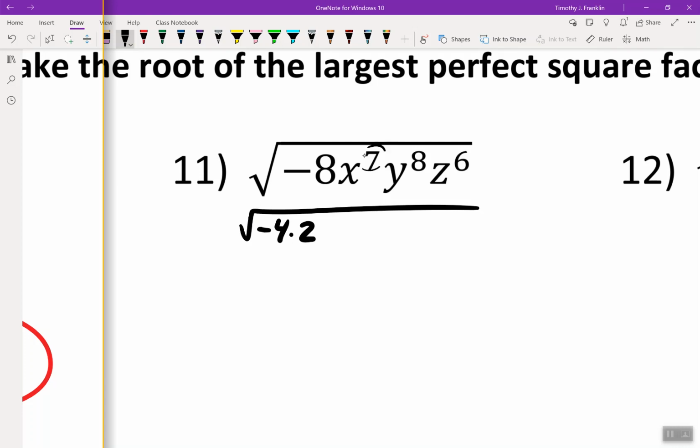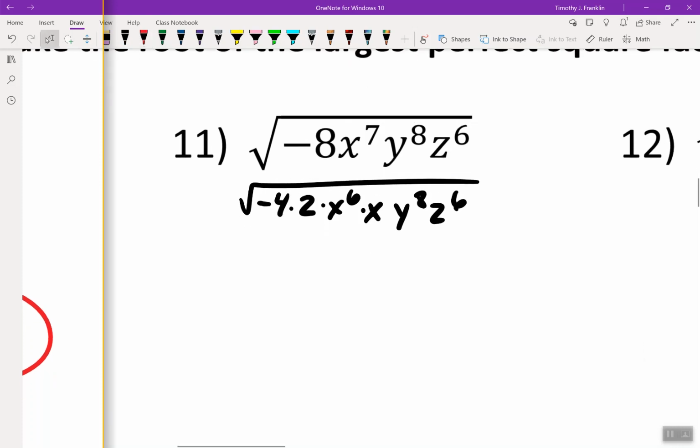Similarly, x to the 7th, that's not an even number, so we can't just divide it by 2 or we get a decimal. So we have to split it up into x to the 6th times x. Just take one of them off. And then we have y to the 8th, z to the 6th. So if we evaluate this, just take the square root of what you can.